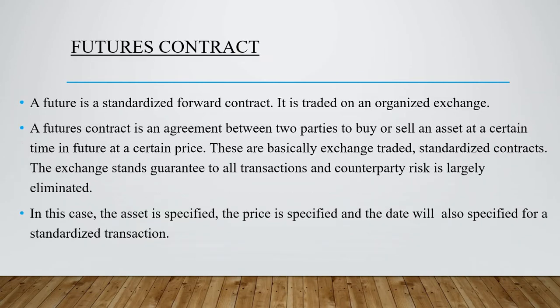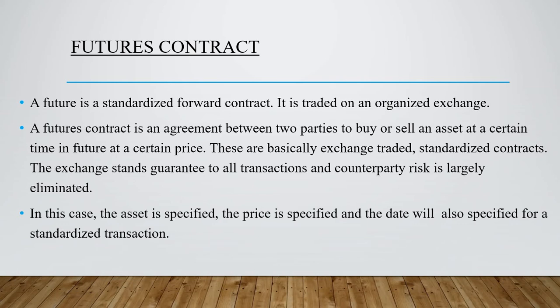Next is the future contract. It is also a kind of forward, but it is a little bit standardized forward contract. We can say that it is traded on an organized exchange. यहाँ organized exchange में सिर्फ future contracts होता है.